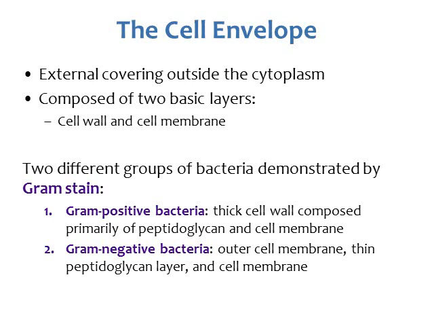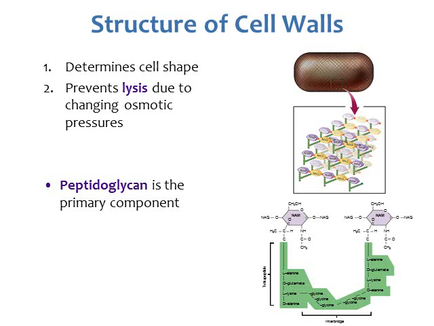A gram-negative cell wall, this is where you have the outer cell membrane, there's a thin peptidoglycan layer, and then you have your normal cell membrane. So there's two different types of cell walls, and they're called gram-positive and gram-negative. These cell walls help to determine the shape of the cell, and we'll get into the different shapes that we'll see in lab.